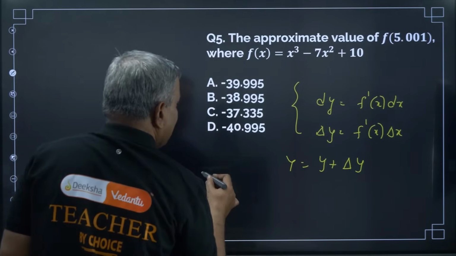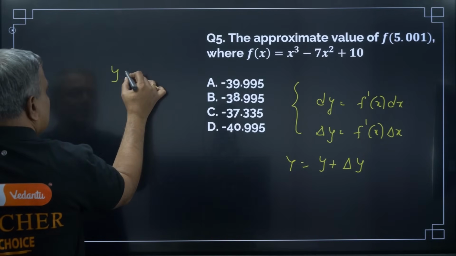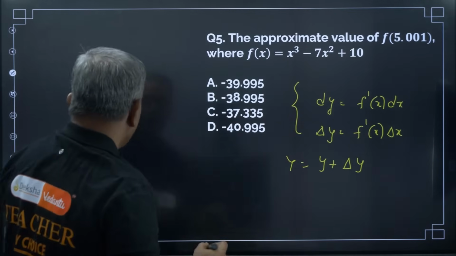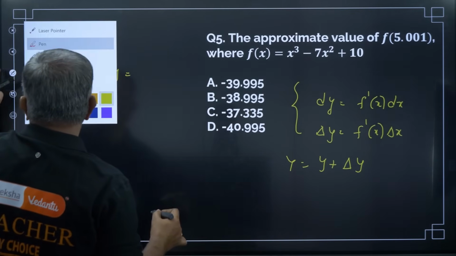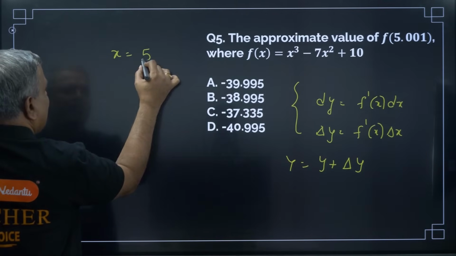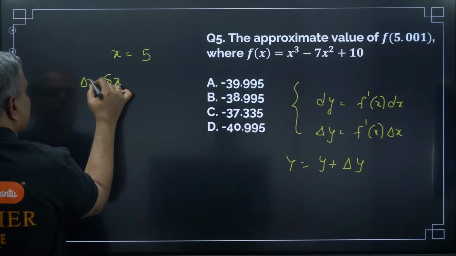Now, here the y value is, y is y, this is the x value, this is what we want. Okay, I'll erase this. So what is x here? x is equal to 5 and delta x, or we write delta x like this also.